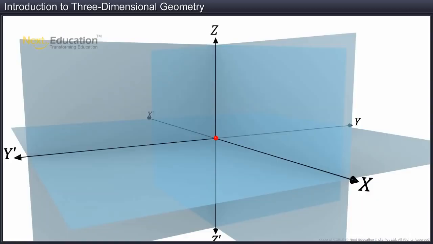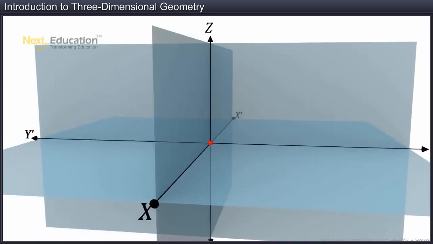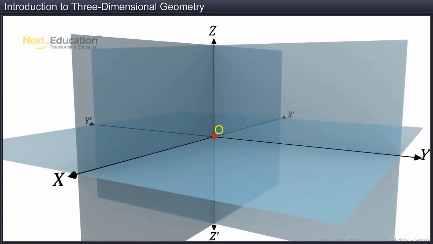Having seen the coordinate axis, we will explore how we use the coordinate axis in locating a point in the coordinate space. Given a point in space, we can measure its distance from the coordinate planes. Let's see how. One way is to drop a perpendicular on the xy plane.